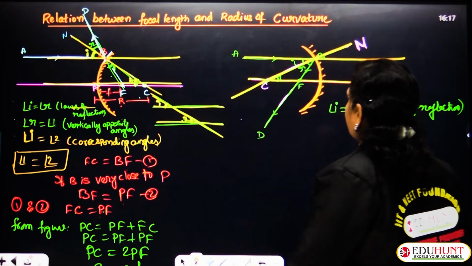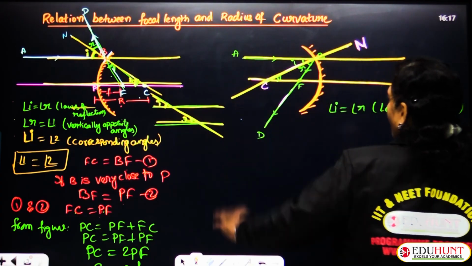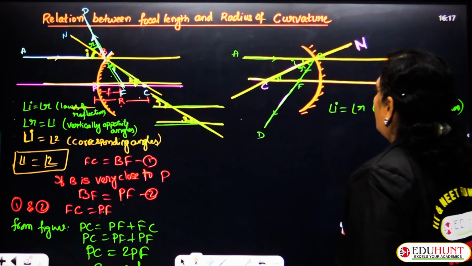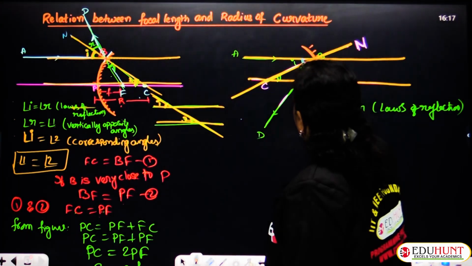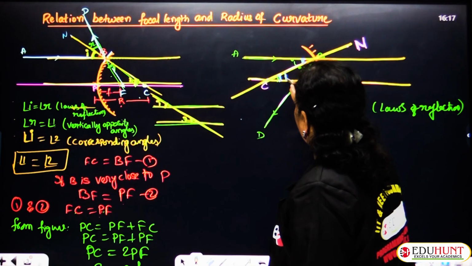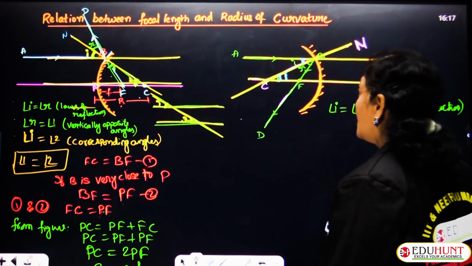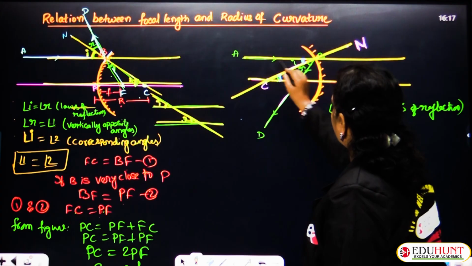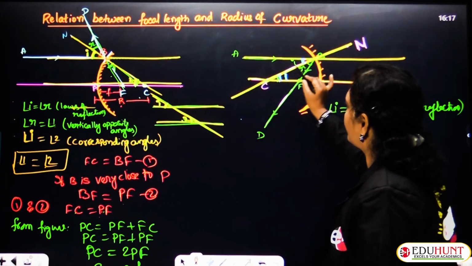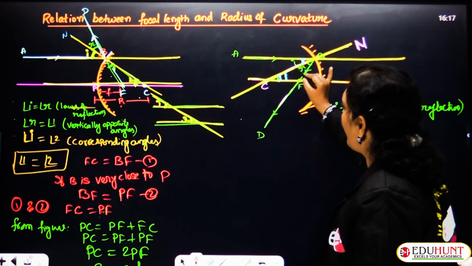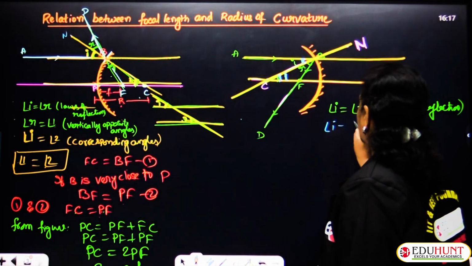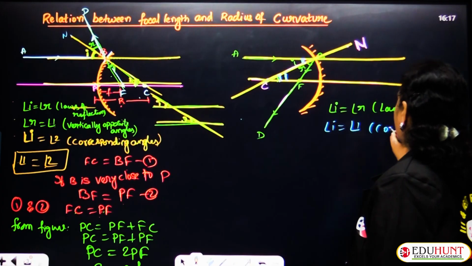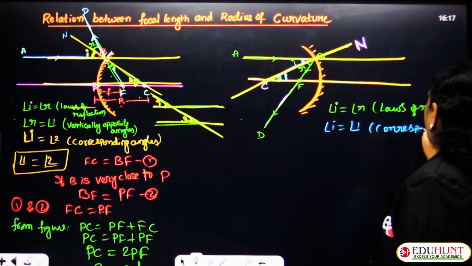In this, we can conclude that angle I must be equal to angle 1 because they both are corresponding angles. So clearly from the picture, angle I is equal to angle 1, the reason being they both are corresponding angles.